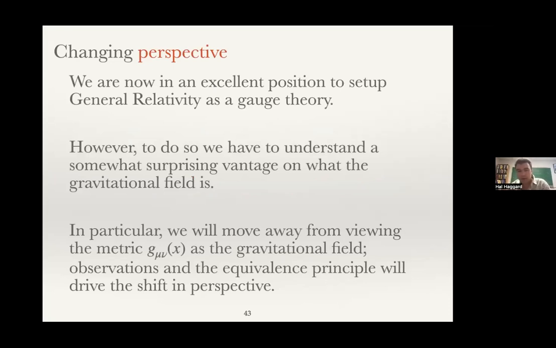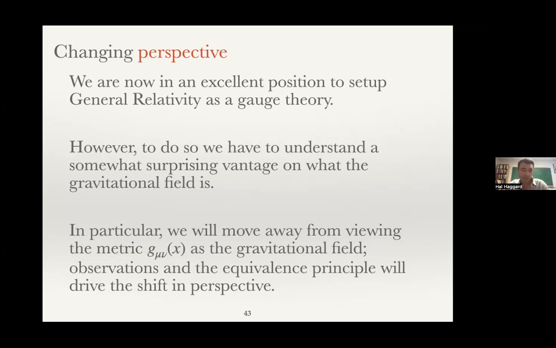To do this, to write general relativity as a gauge theory, we actually have to shift away from something that you probably have taken for granted since you learned general relativity, which is that this fundamental field concept that I mentioned at the beginning today, that the field is the gravitational field, and that's the thing that's allowing interaction locally.